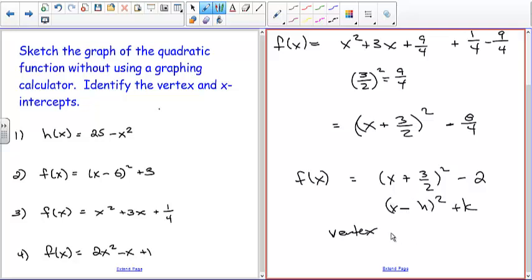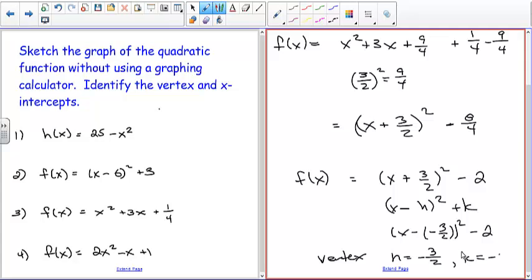So in this case that is x minus a negative 3/2, squared, minus 2. So I've got x minus h, so h is equal to negative 3/2 and k is equal to negative 2.